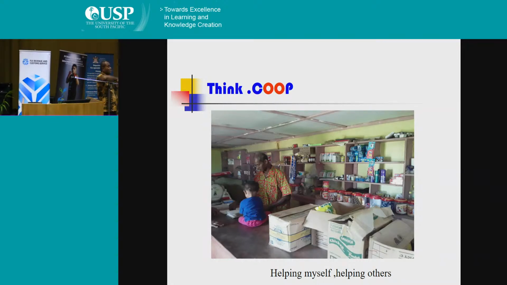It's quite a distance from Korolevu or Sigatoka. And it's also quite risky, it's very risky to travel in between those, okay, the distance. This is how they manage themselves. Okay, they have a shop, and their source of income is masi.